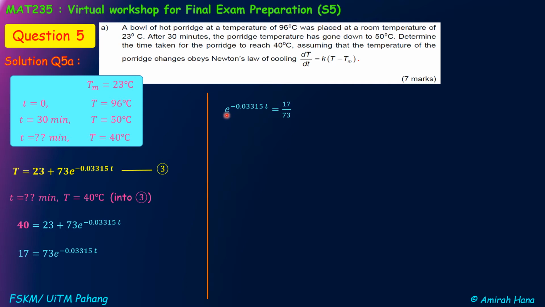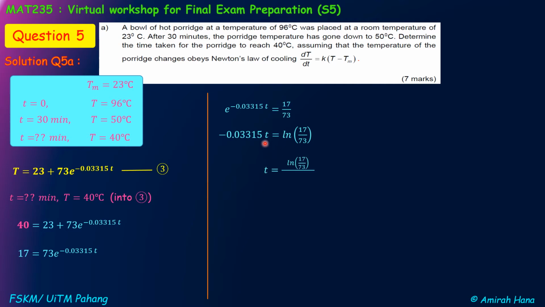To find time, first we need to move the exponential function to the right-hand side. So we can write negative 0.03315 t equals ln of 17 over 73.